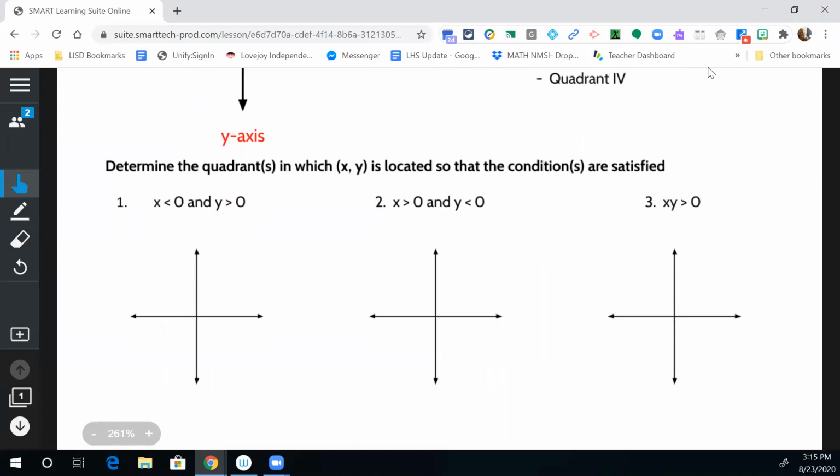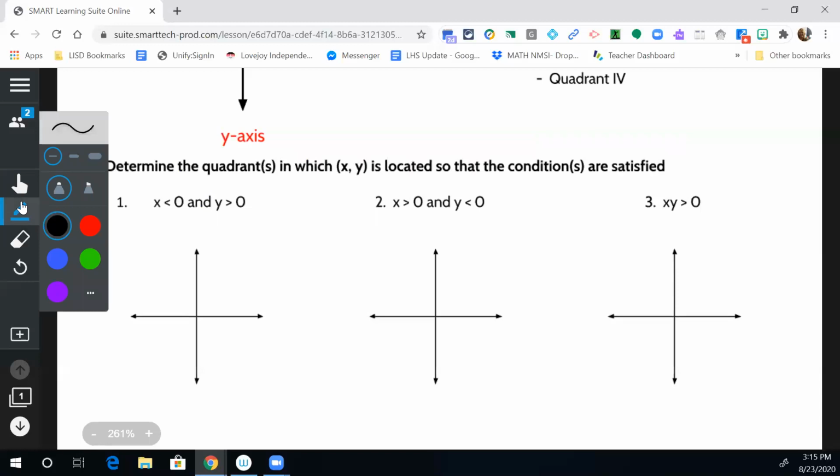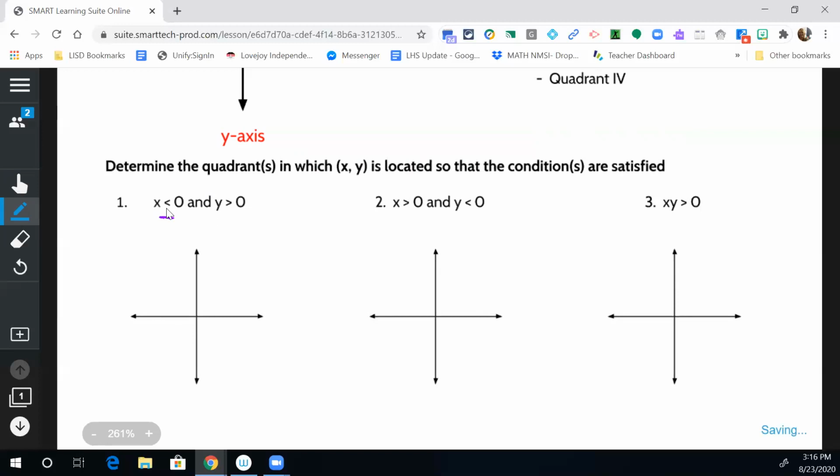In this next section, all it wants us to do is determine the quadrants in which x and y are located so that the conditions are satisfied. The first condition that we see here is that x has to be less than 0. For x to be less than 0, that means you'd be to the left of the axis, so x would be negative, and y is greater than 0, so y would be positive.